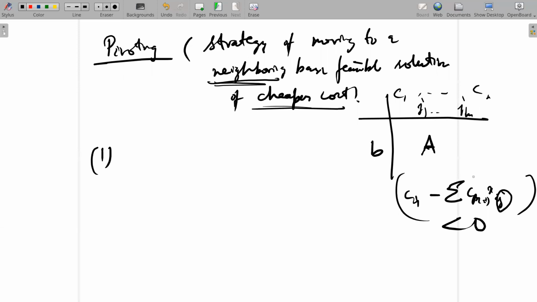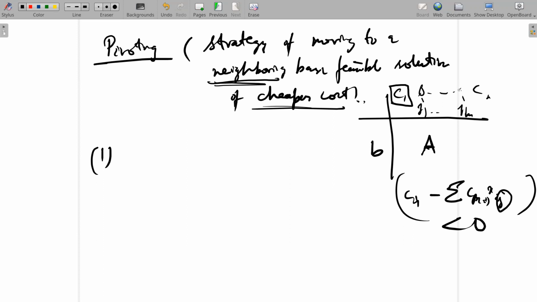That's why we have this updated tableau where we put these costs on the 0th row. For the basic columns, you'll get zeros here. For the non-basic columns, you look at all the entries where the cost is strictly negative and choose that non-basic column.